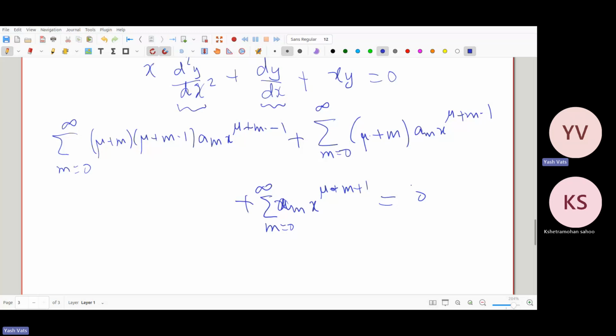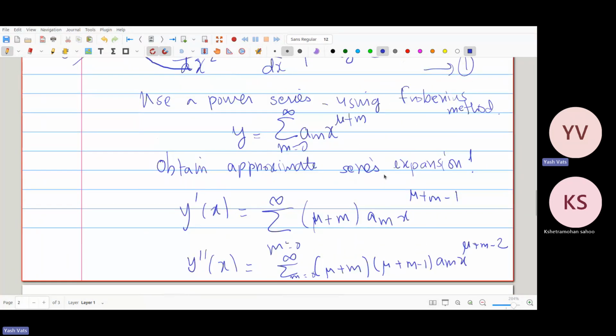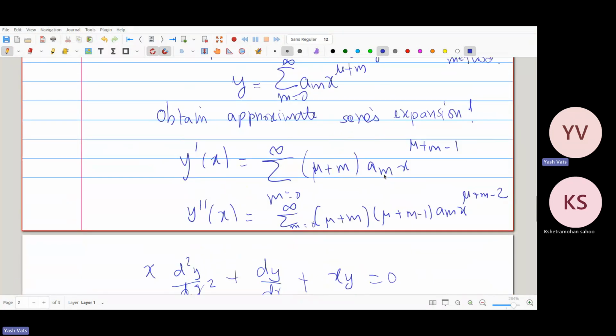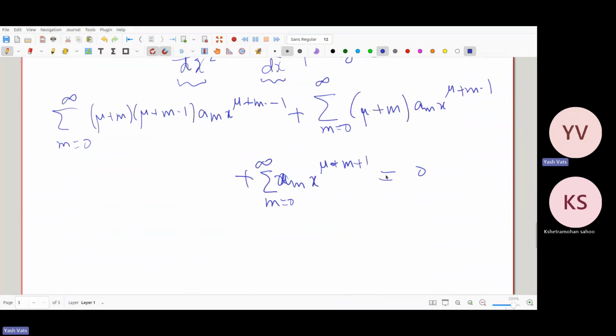What you're going to do is try to compare both sides, starting from m equals 0 and going to m equal to infinity. We have to collect the powers x to the power mu plus m. How would you do that?